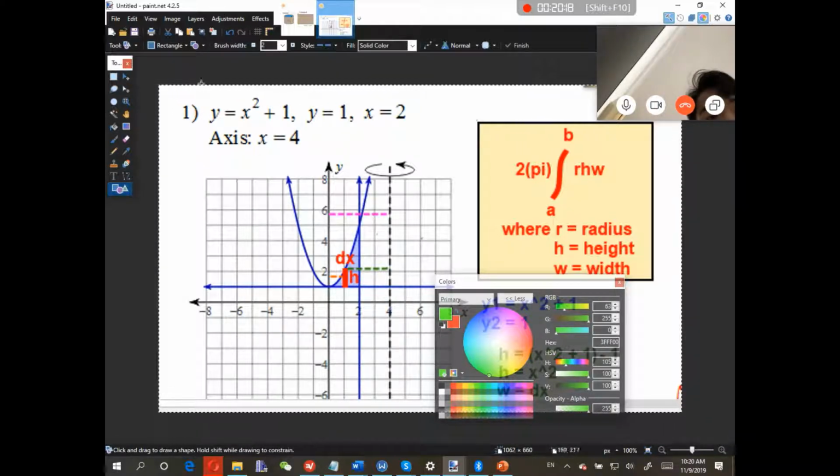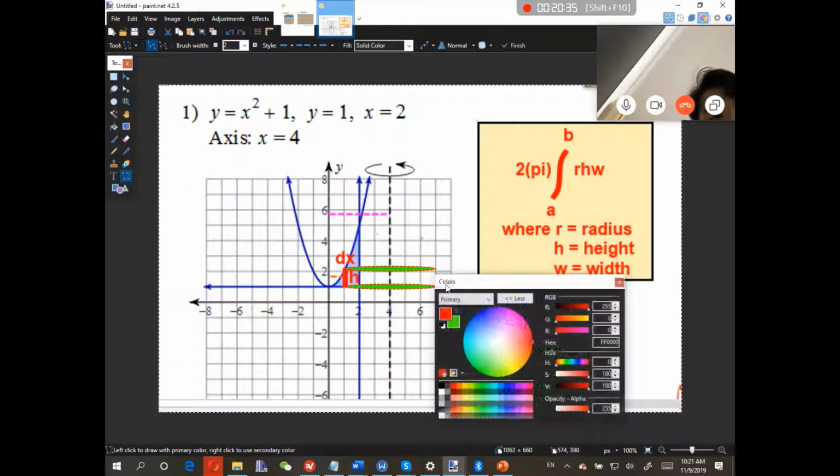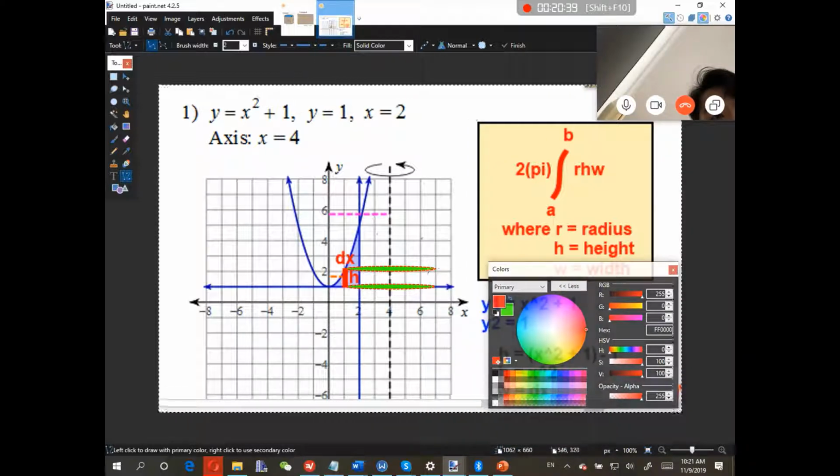I'm going to take this box and we're going to spin it around our axis of rotation and create a cylinder out of it. So something that looks like this.